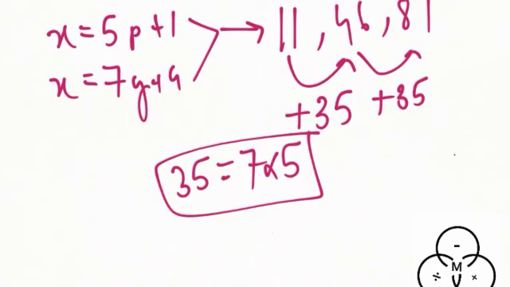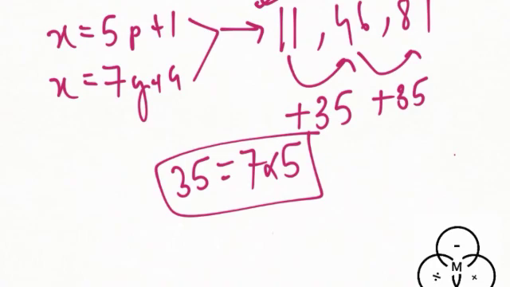So this was your CRT. Very simple: if you find the first solution, or any one solution, of the system of congruencies, then you can find the whole general solution.